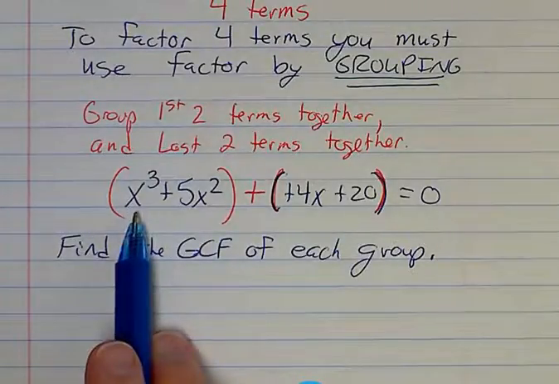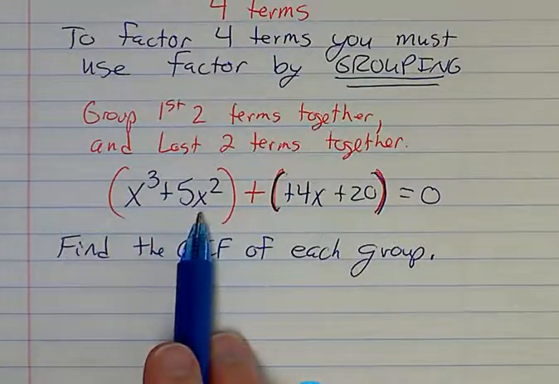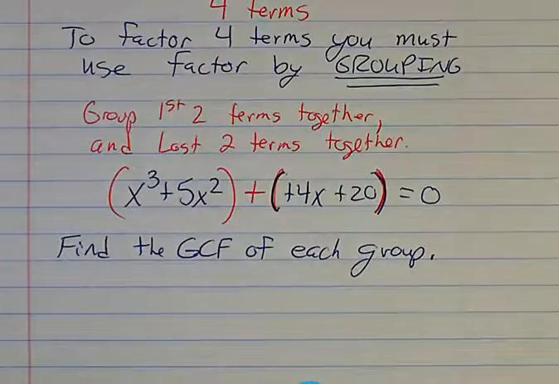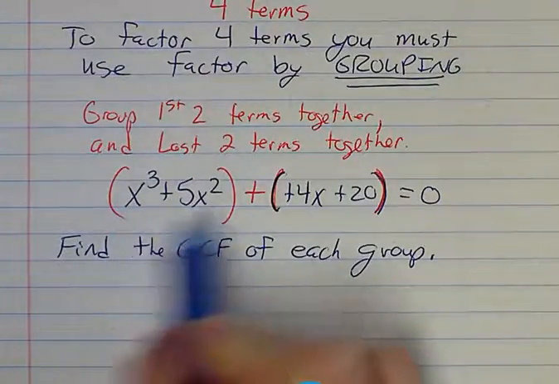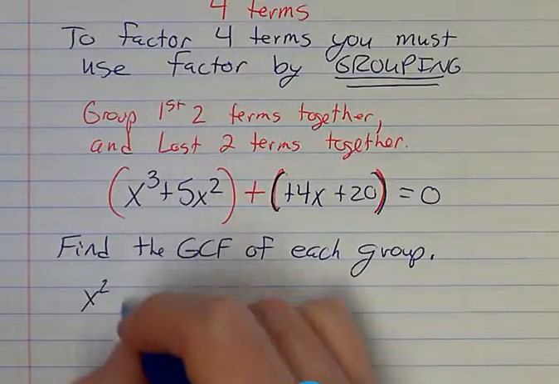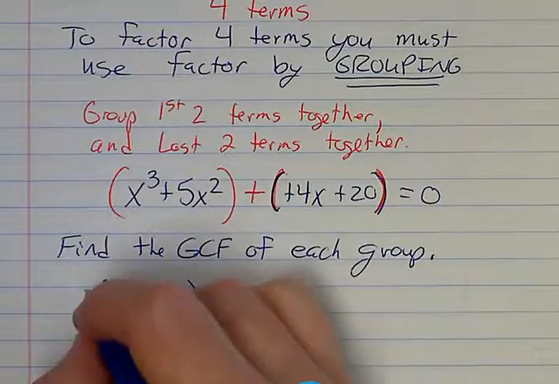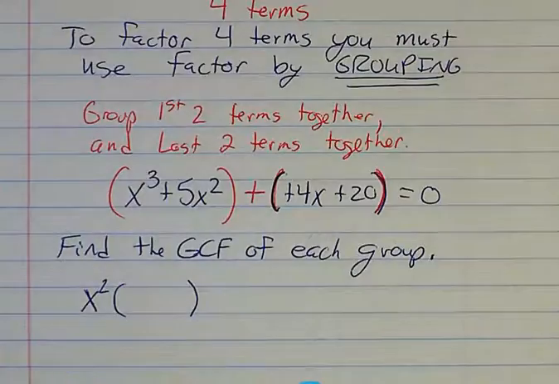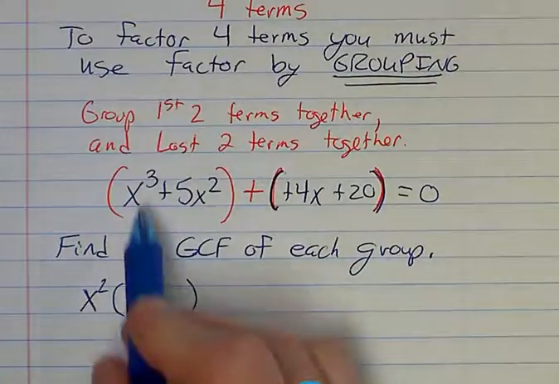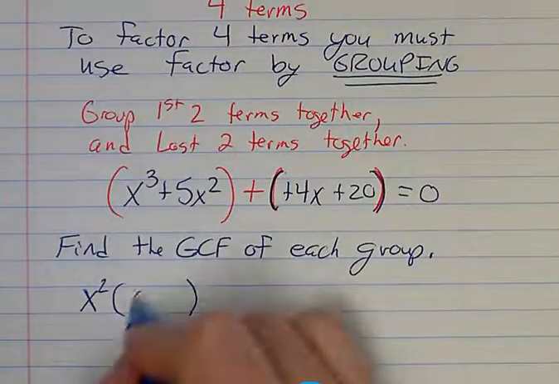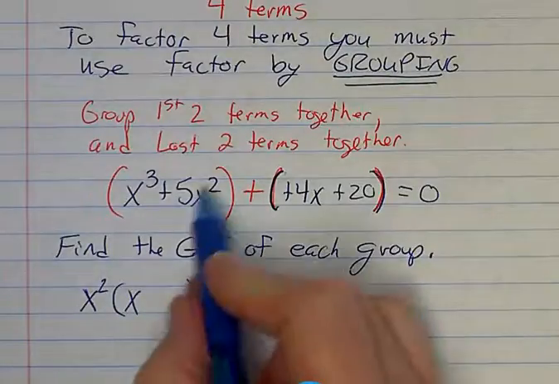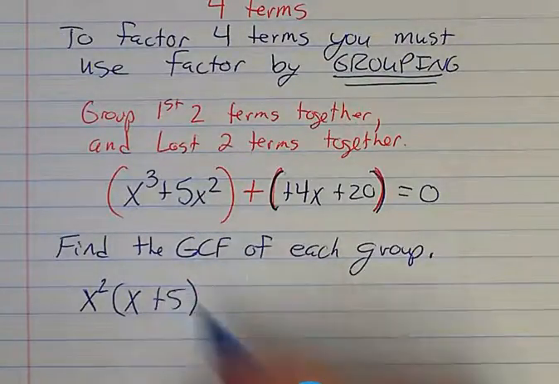So for this one, we've got x to the third and 5x squared. Number-wise, there's no numbers, but they both have x's, right? Take out the smaller amount of x's, that would make it x squared. For x to the third, if you take two of them out, you're left with x. If you take both of these out of the 5x squared, you're left with just the 5.